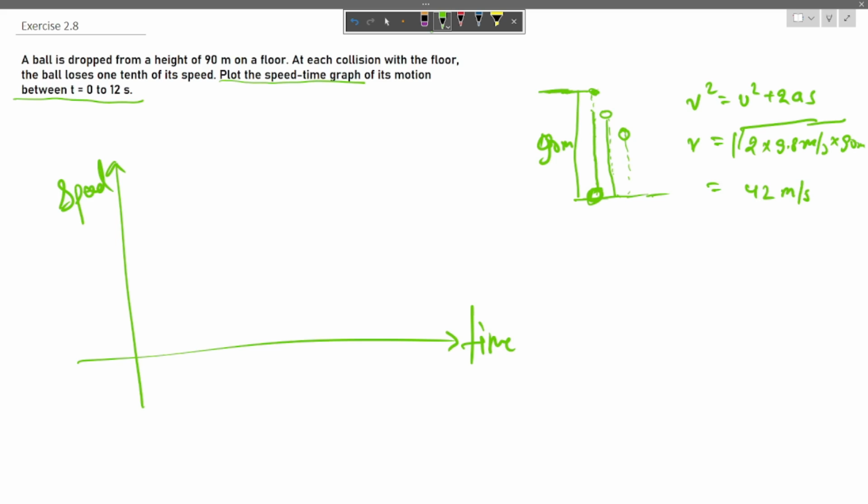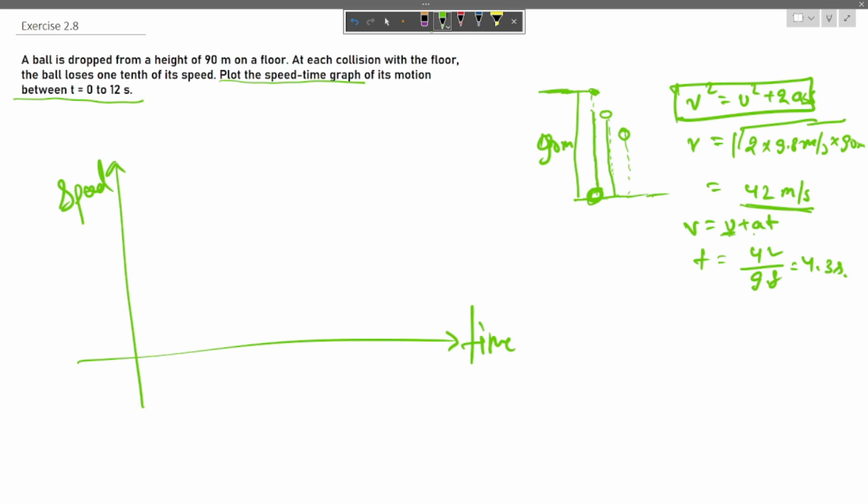And how much time it needed to reach there would be given by the relation v equals u plus at. Now we know that the final velocity v is 42 meters per second, and the initial velocity is 0, so the acceleration is known. Time would be equal to 42 divided by 9.8, and that would result in 4.3 seconds.